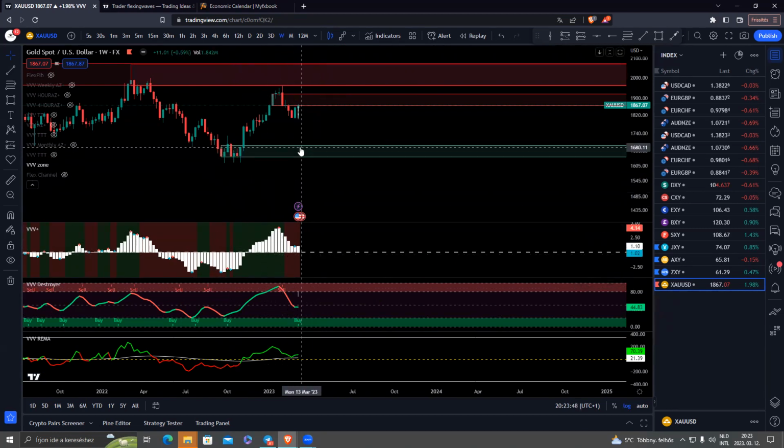The XO is mostly correlated to the Japanese yen, and it looks like the Japanese yen is about to get stronger. So the gold needs also some strength, and this is what the indicators show us as well, because we are over the zero line.